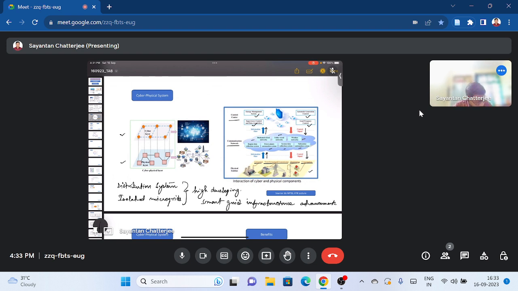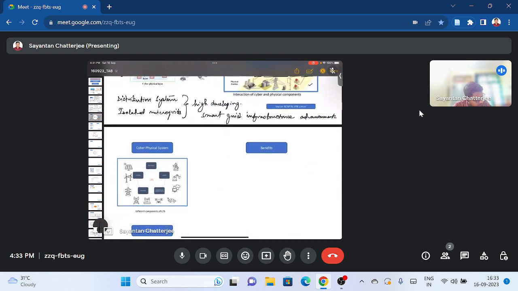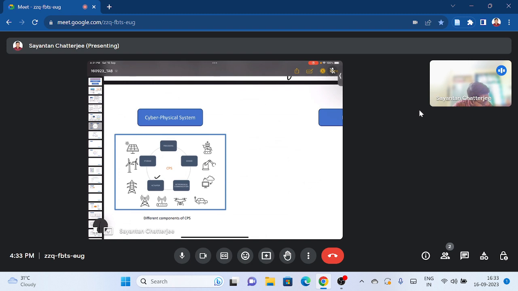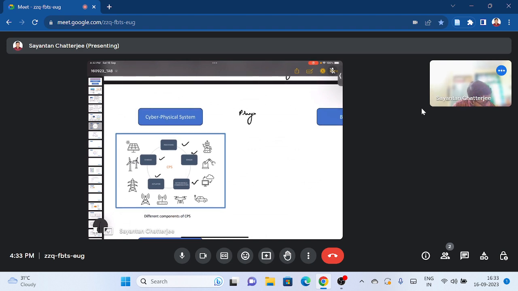We have various kinds of cyber physical components, where we can see the actuator, then storage, processing, sensor, networking, communication, etc. These are the different components of cyber physical systems. In the physical layer, we have the plant, actuator, sensor.